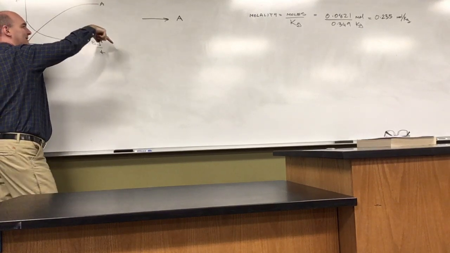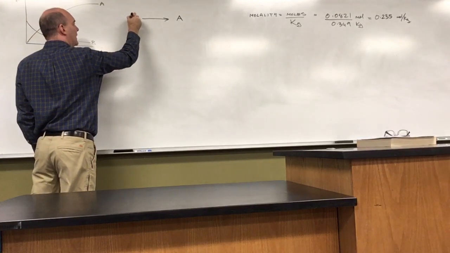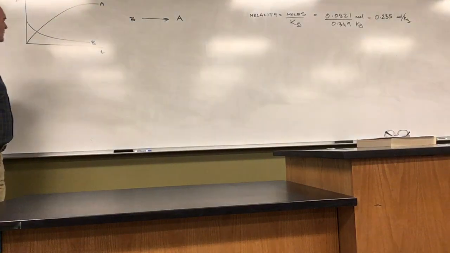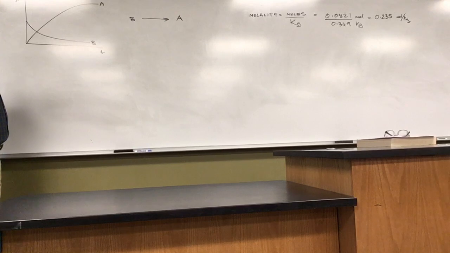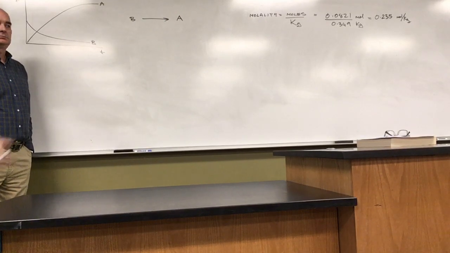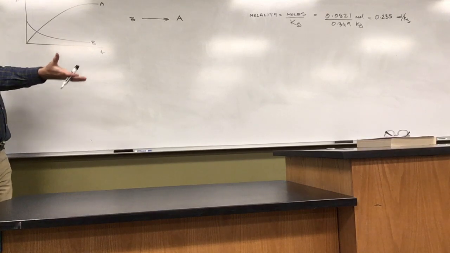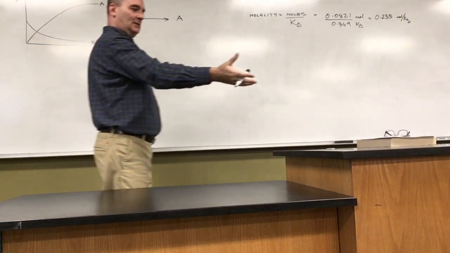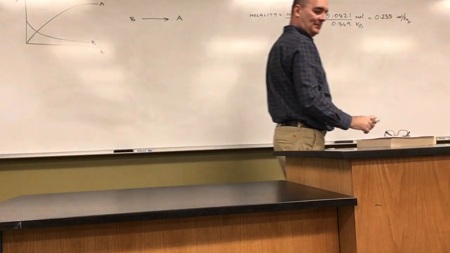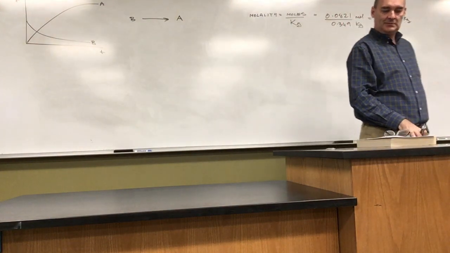B's concentration is decaying over time. What's the kind of stoichiometric relationship between B and A? I mean, it's kind of semi-quantitative. It's a graph. You might not know the exact number, but you can kind of guess.